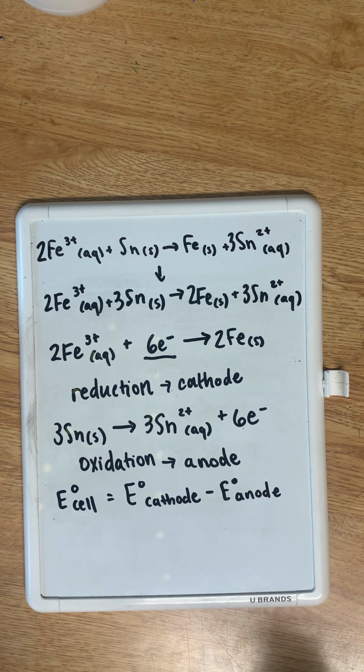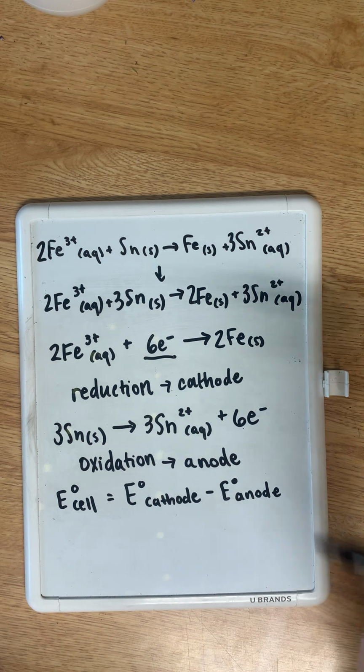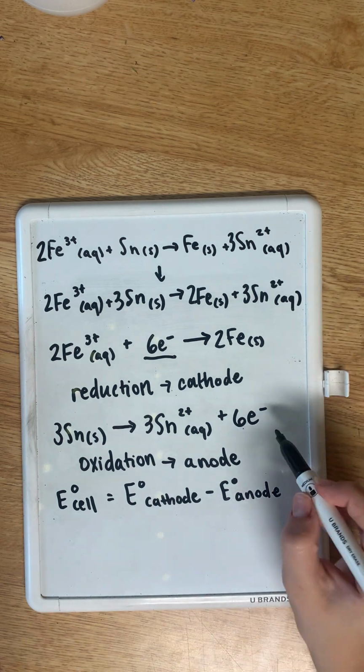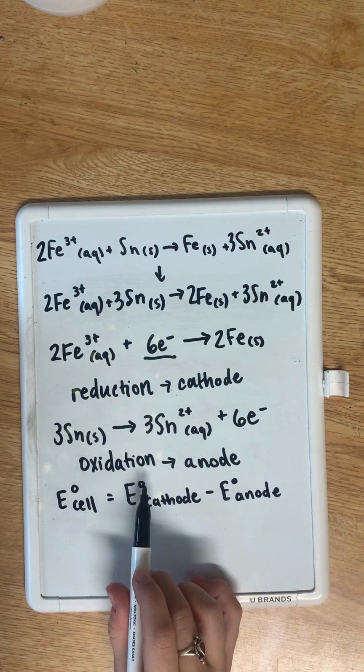Awesome. And we can look in our table of the standard potentials, and the table has everything as a reduction, so it will have this equation flipped, so that it's a reduction, not an oxidation.